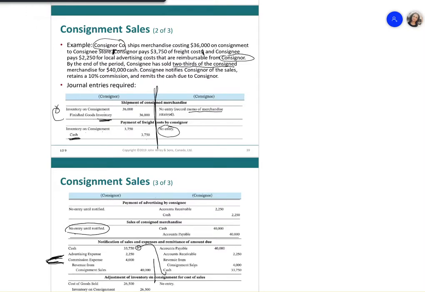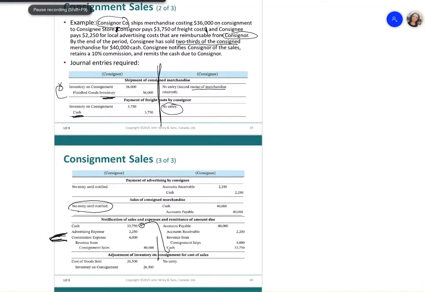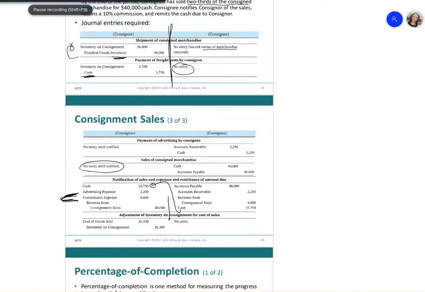Now, if it's a consignment, we only sold 2/3 of it, so we needed to do an adjusting entry at the end. How do we do it? 2/3 of the consigned goods are sold, so we needed to record an entry for the 2/3.